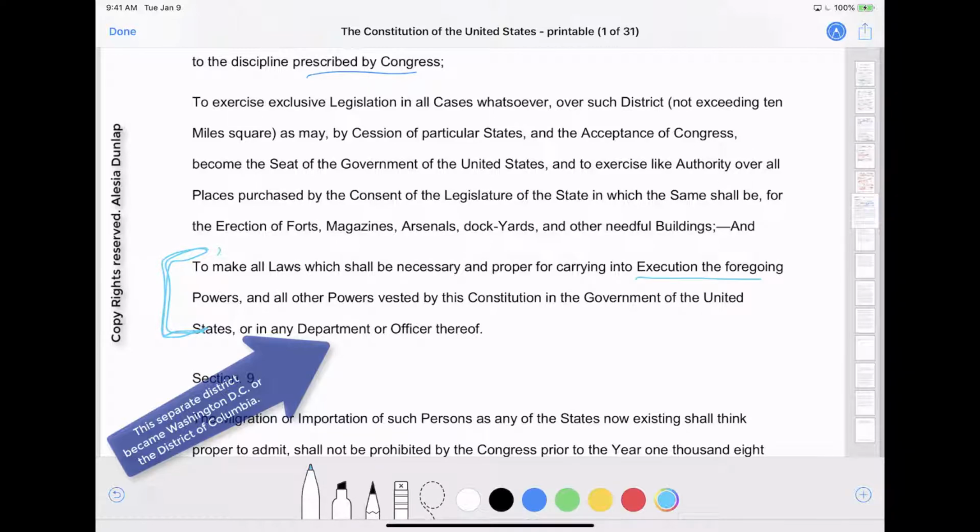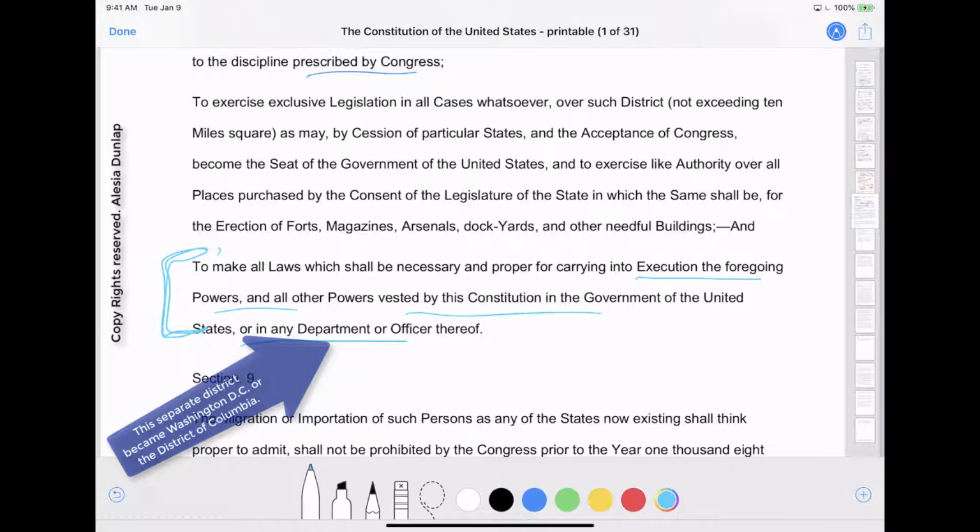So, carrying into execution the foregoing powers and all other powers vested by the Constitution in the government of the United States or any department or officer thereof. And Congress will have that authority to create a separate district. So this is the creation of a separate district that will become the official capital of the U.S. And it will be no larger than 10 square miles and will be given to Congress by the states.